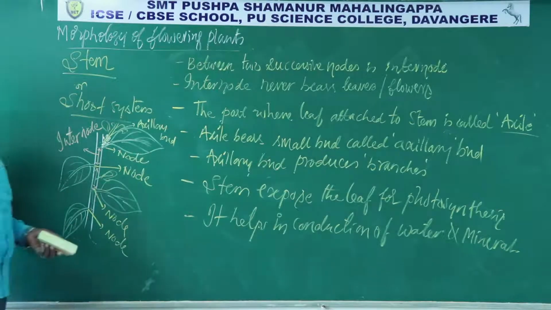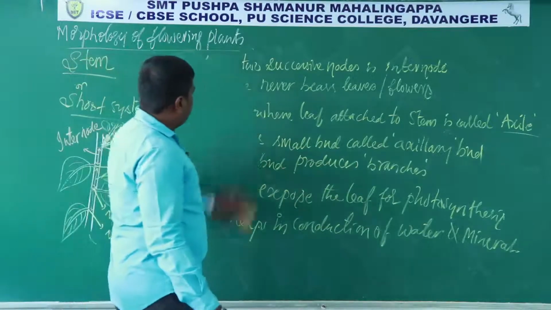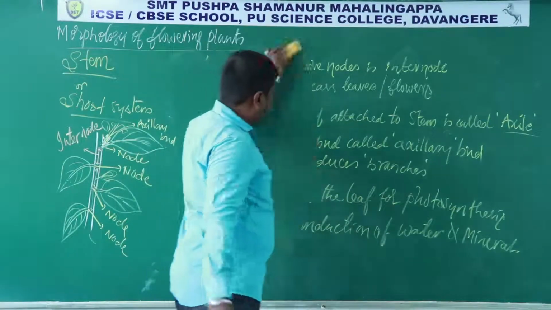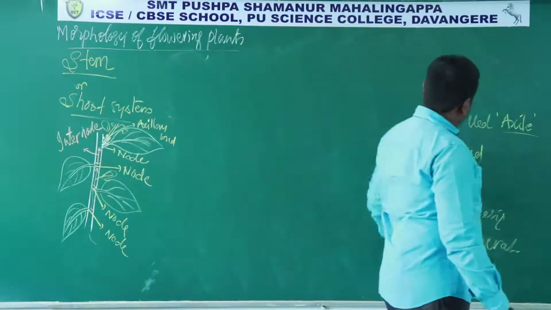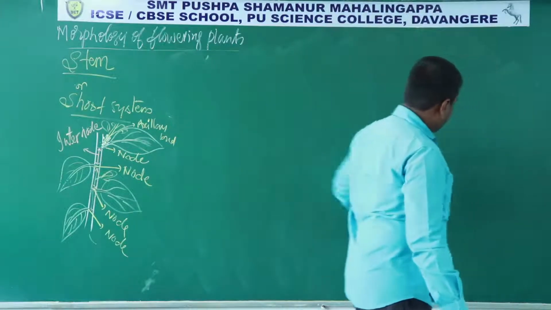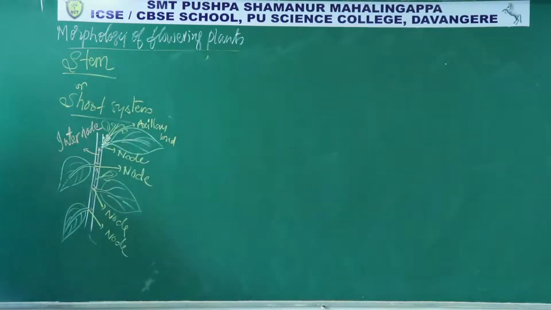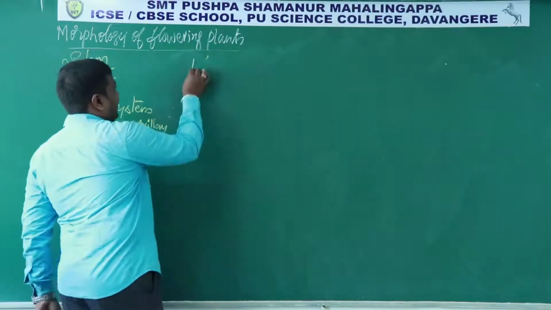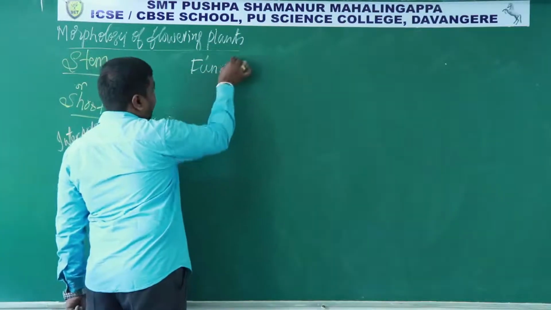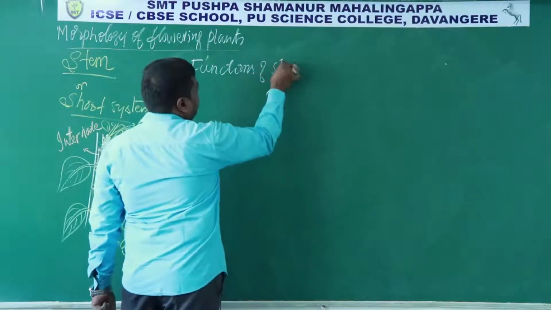Okay, so of course along with this I already discussed the functions of the stem as well. Okay, so let me discuss the functions again. We already discussed it, so under the heading we can discuss it again. Functions of stem.